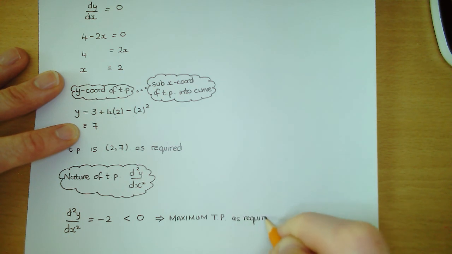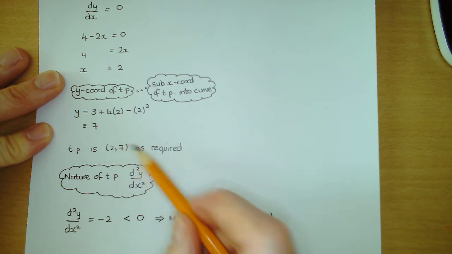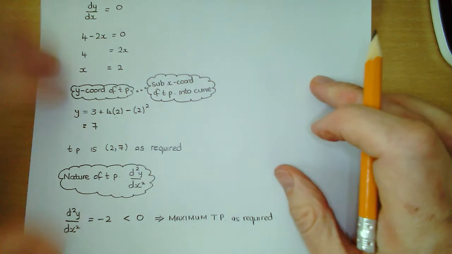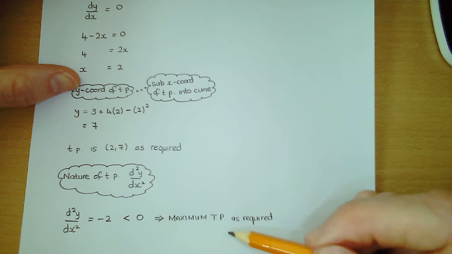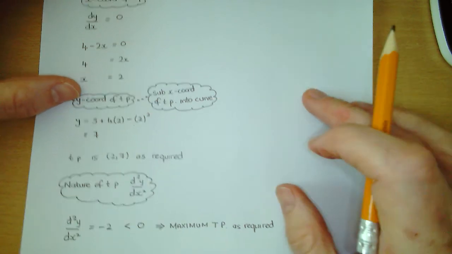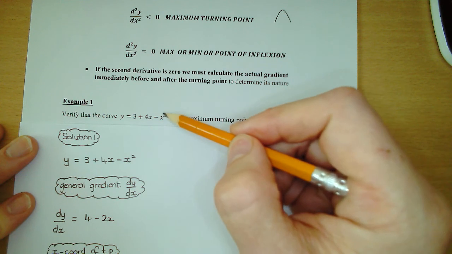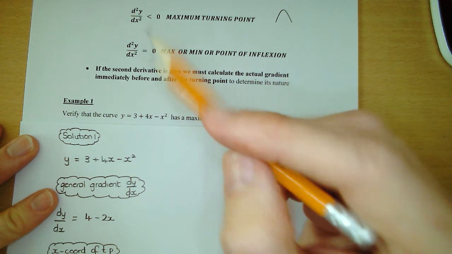Now, we've answered the question in full. We have proven what the turning point is, or verified it, and we've verified also that it's a maximum. Now, here's the beauty about this question. You would have had an idea of the nature of the turning point before you even proceeded with the question, because if we go back to the question, it's a quadratic curve, and the coefficient of x squared is negative, so that means it's an unhappy shape.